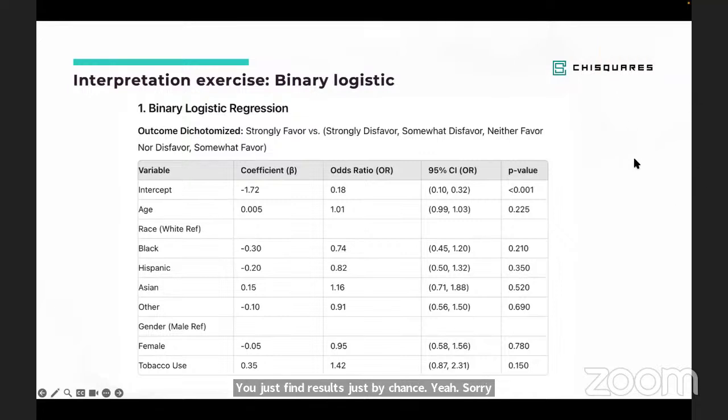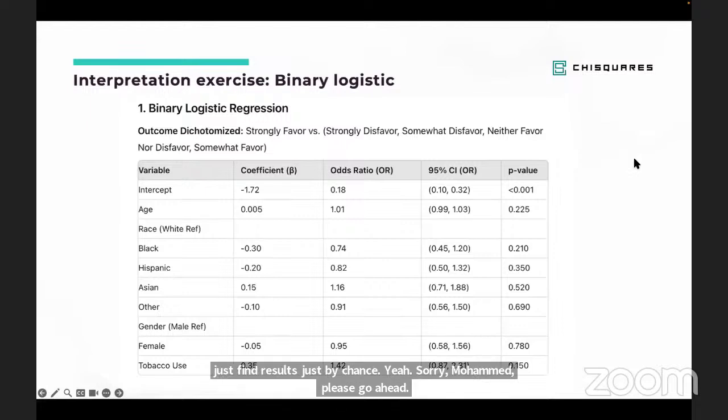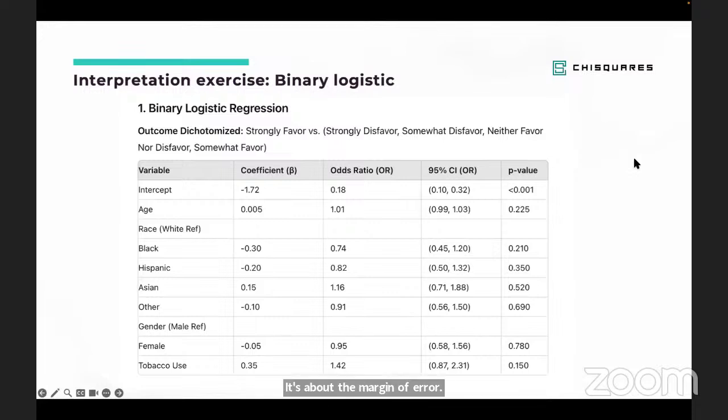Okay, thank you. I think it's about the margin of error. So with a 99% confidence interval, you have a wider margin of error.